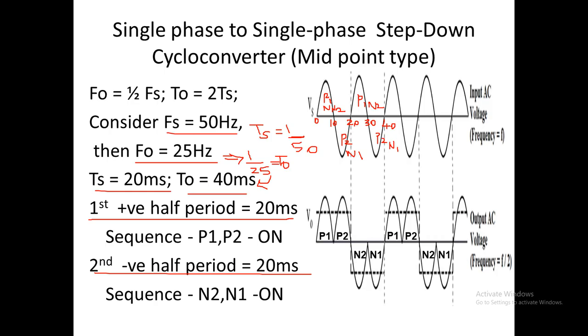So these are the forward bias thyristors. For the positive half cycle of the input voltage, the forward bias thyristors are P1, N2. For the negative half cycle of the input voltage, the forward bias thyristors are P2 and N1.